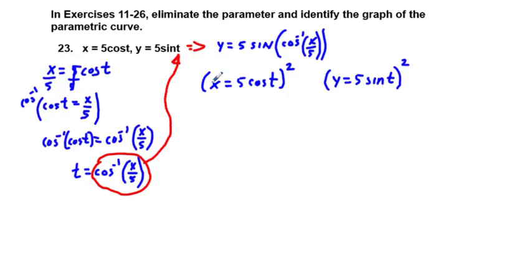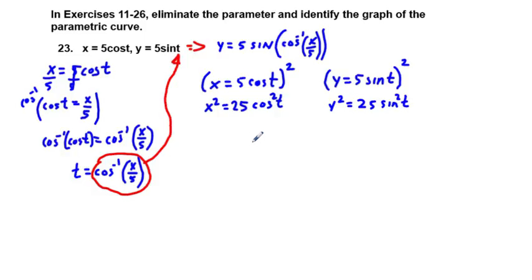Okay, so that doesn't necessarily seem to simplify things, but on the left side we're going to have x squared equals 25 cosine squared t. Now this notation, cosine with the exponent here, means this whole cosine t is squared. And for this right one here, we're going to have y squared is equal to 25 sine squared t.